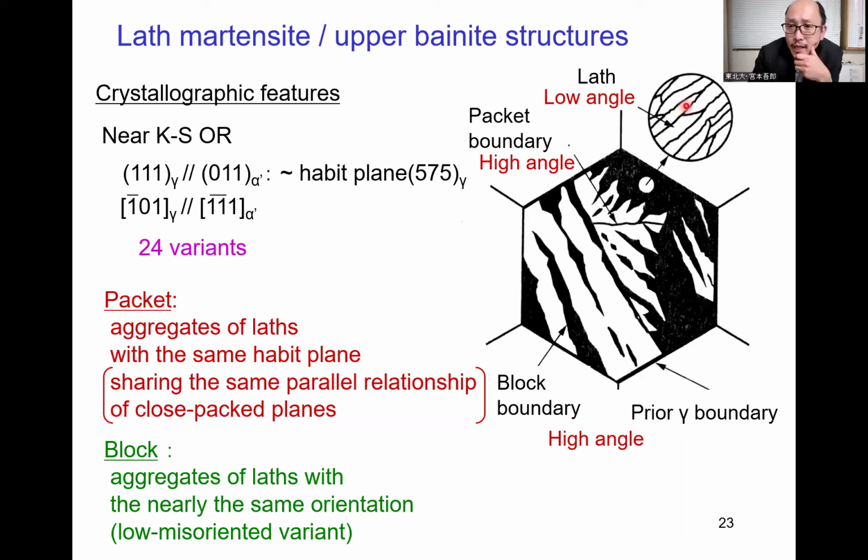So the lath boundary is a low angle boundary, while the packet, block, and prior austenite boundaries are of high angle. So in order to understand this hierarchical microstructure of martensite or bainite, the understanding of variants is important.